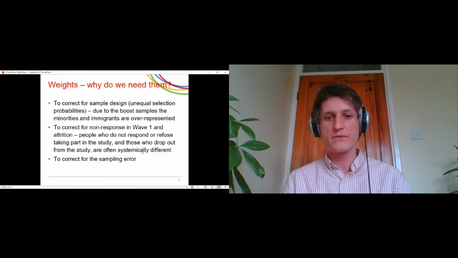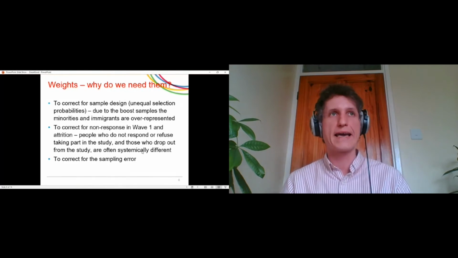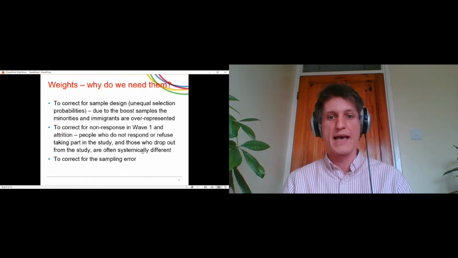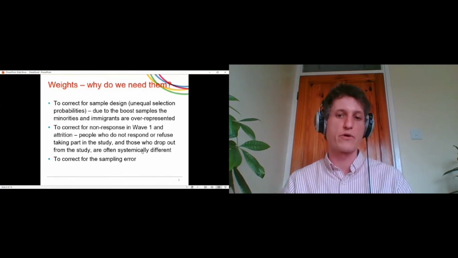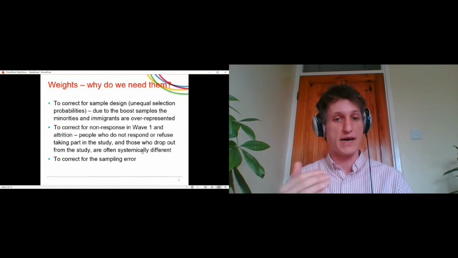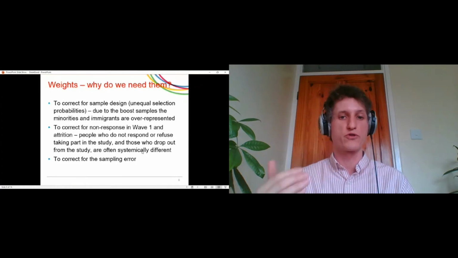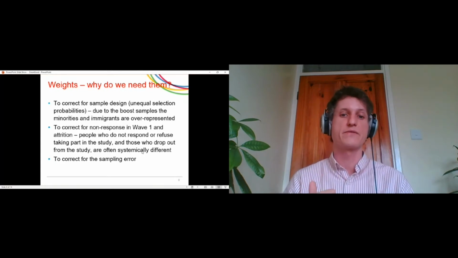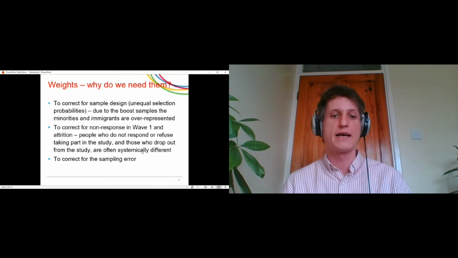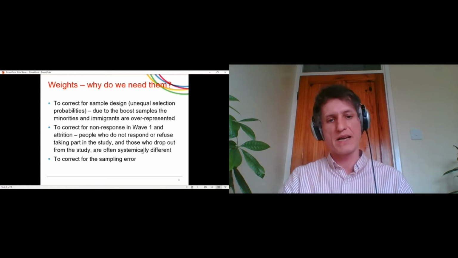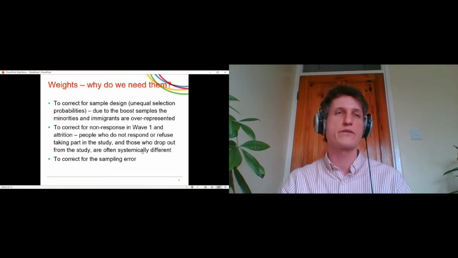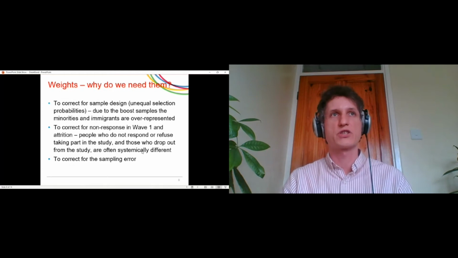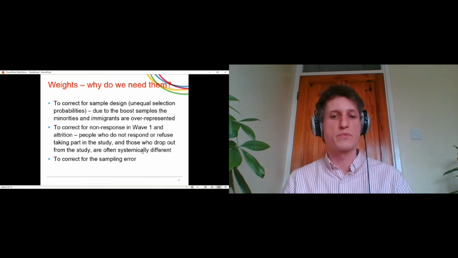The reason you need special weights for this is because quite often the socio-demographic profile of households and people who do not take part, and people who drop out from the study, is systematically different from the people who answer and who take part in the study. And finally, you need to correct for the sampling error, which results from pure chance, so basically a statistical error.